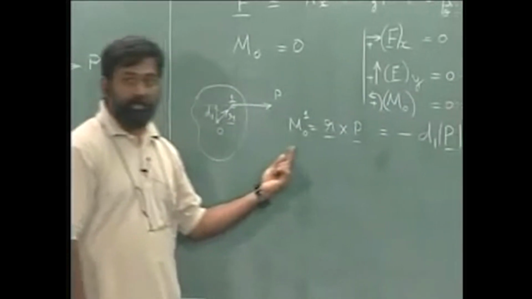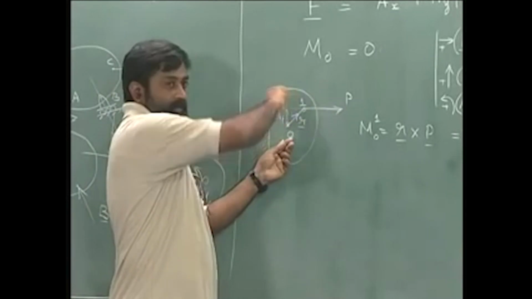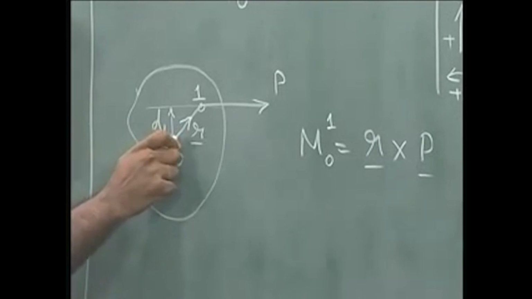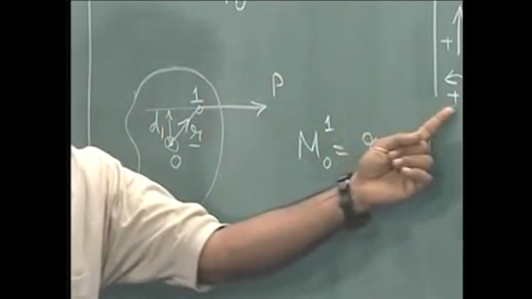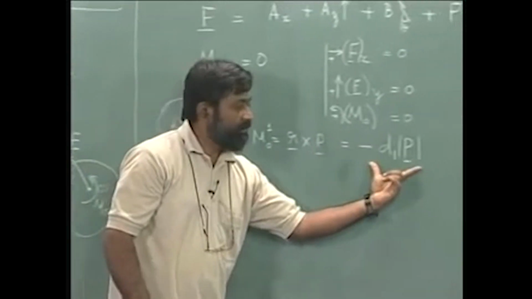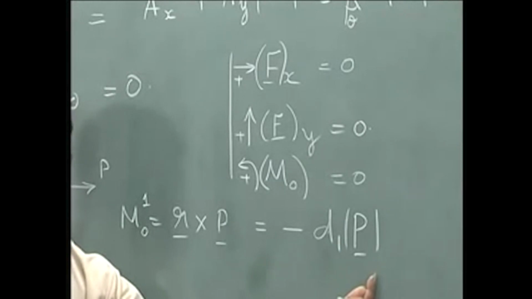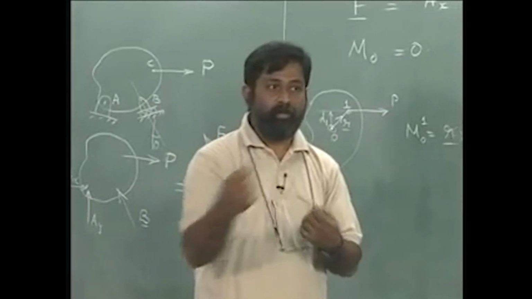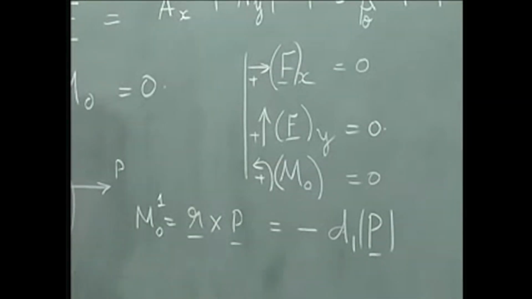For example, in this particular case, this particular force P is trying to rotate about this point O in a clockwise direction, which is negative of anti-clockwise, and you can see here d1 is a positive number, P magnitude is a positive number, which means I will have a negative sign over here indicating that it is actually a positive clockwise value represented by anti-clockwise.